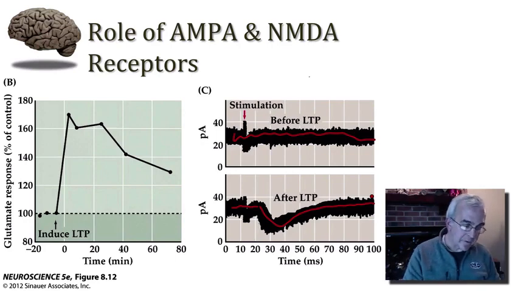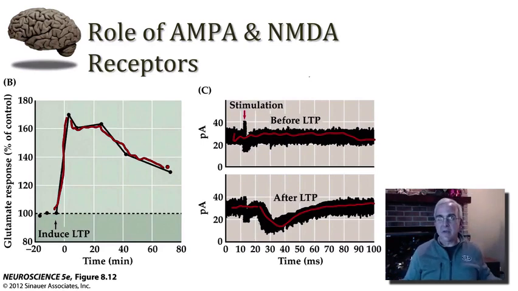One can record from circuits in which there's a significant increase in the response of the postsynaptic neuron to glutamate. Again, indicative of plasticity, either the awakening of silent synapses or in some cases the construction of new dendritic spines in response to the growth of new synaptic connections.